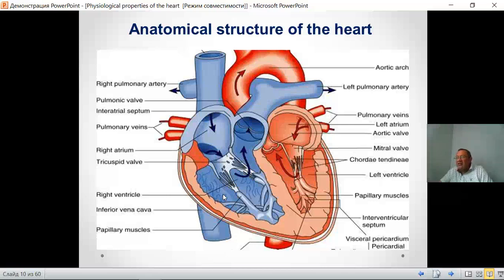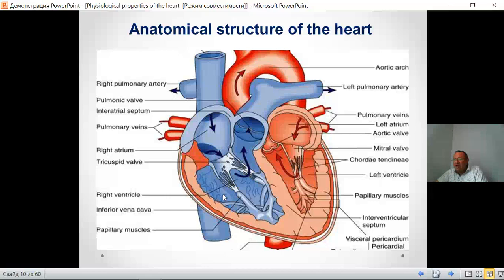It arises from the inferior portion of the interventricular septum and crosses the inferior space of the right ventricle to connect with an inferior papillary muscle. When the right ventricle contracts, it ejects blood into the pulmonary trunk, which runs into the left and right pulmonary arteries that carry it to each lung.